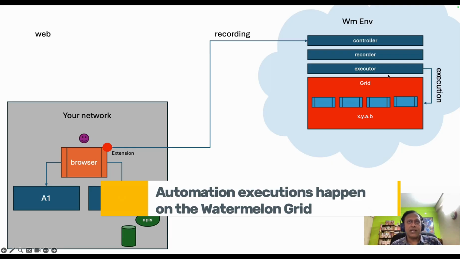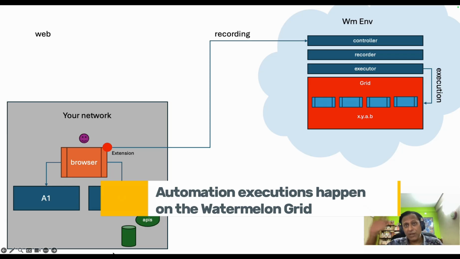The executor communicates with the grid infrastructure, which you can think of as a collection of different browsers. So you're going to have something like Chrome, Edge, Firefox, Opera, Safari, different kinds of browsers on the grid, which is part of the Watermelon infrastructure. So it's not executing on your local machine.